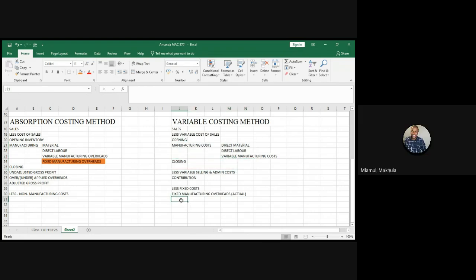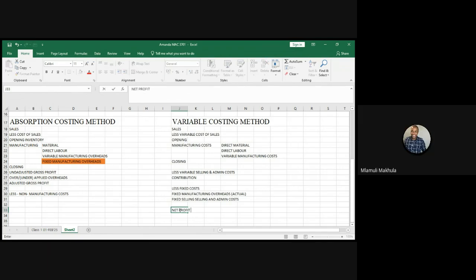And then you will less your fixed selling and admin costs, and then you get your net profit.